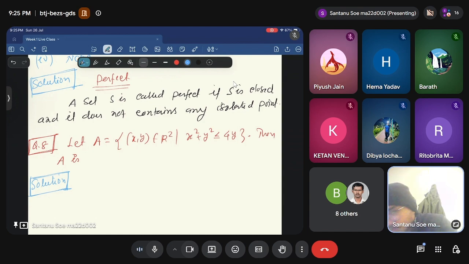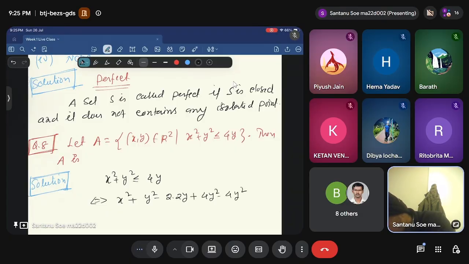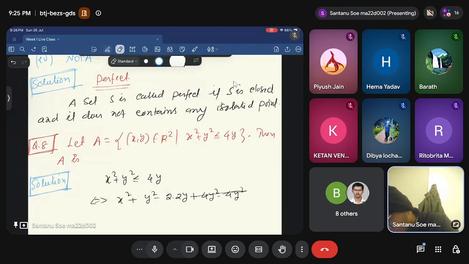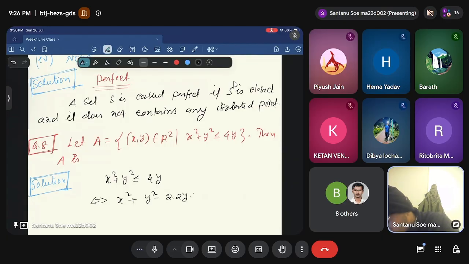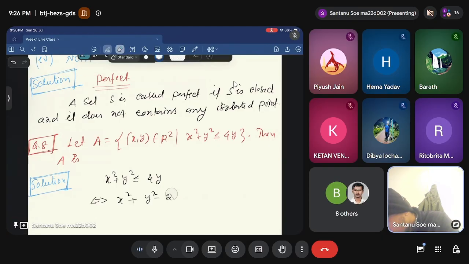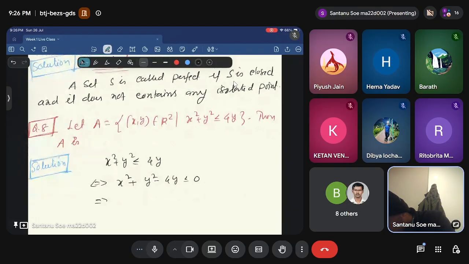So this is an inequality given, right? That x square plus y square is less than or equal to 4y. So this will imply that x square plus y square minus 4y is less than or equal to 0, and this is if and only if x square plus y minus 2 whole square is less than or equal to 4.